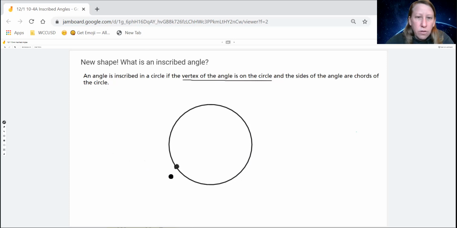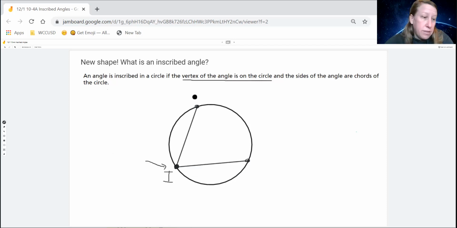Okay, so I'm going to choose letter I. This is the vertex, and we know that we are going to have an angle, and the sides of the angle are chords. So angles have two sides. Usually they're rays, but in this situation, they're going to be chords. The sides of the angles are chords.